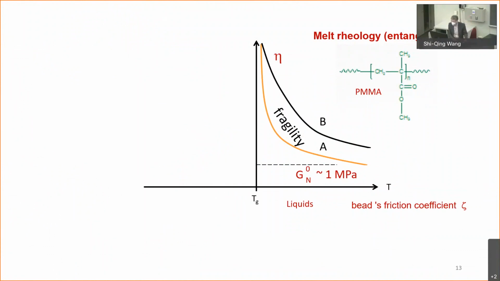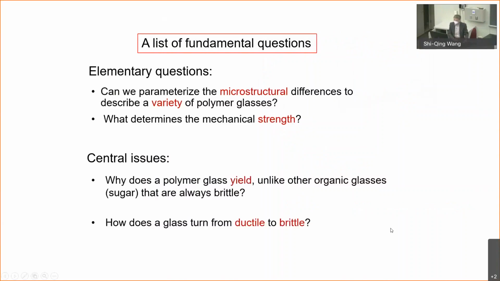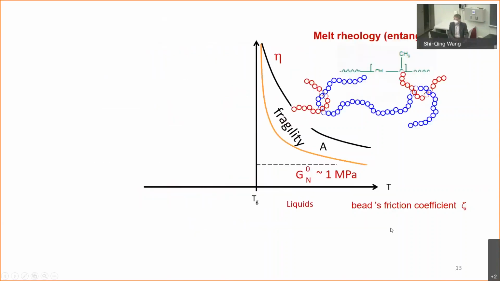Basically, we're coming all the way along from the liquid state first, and as I cool the temperature, viscosity goes up. You reach the glass transition point. What you recognize is that there will be a chain network in this melt state, right?